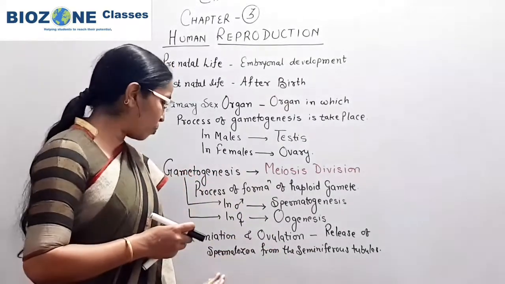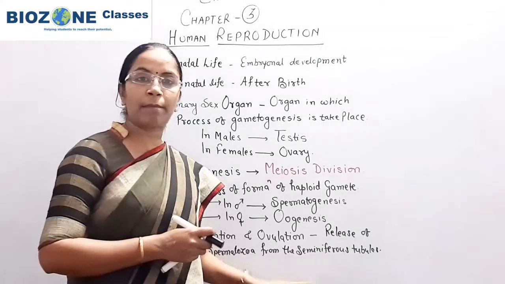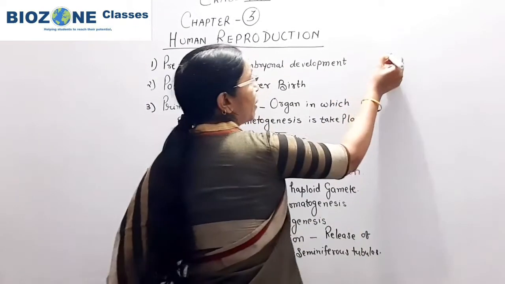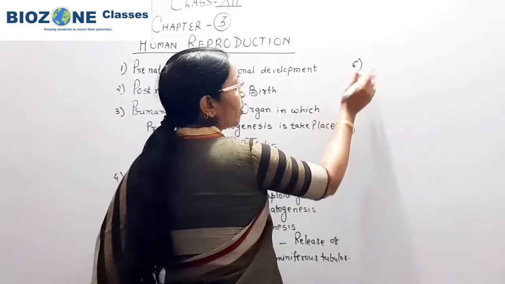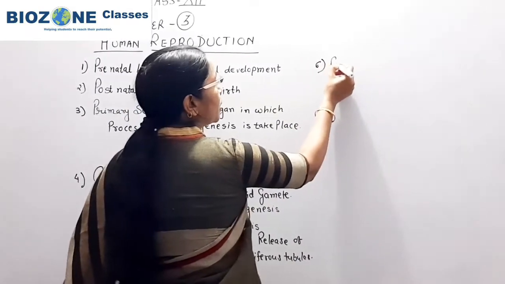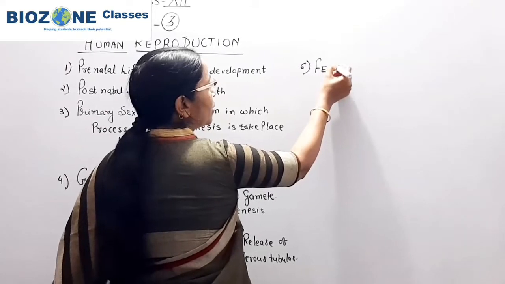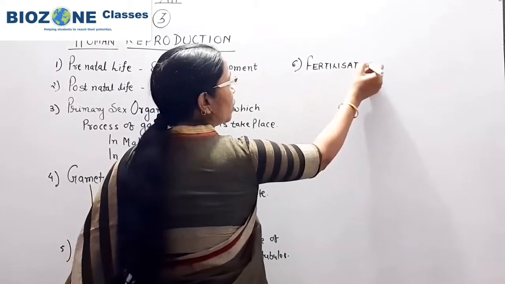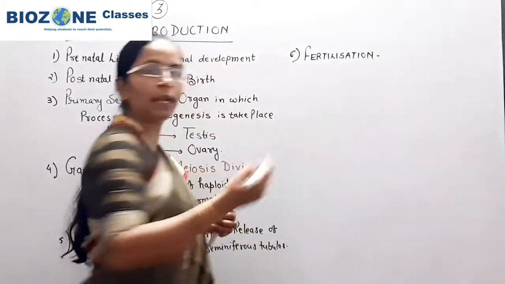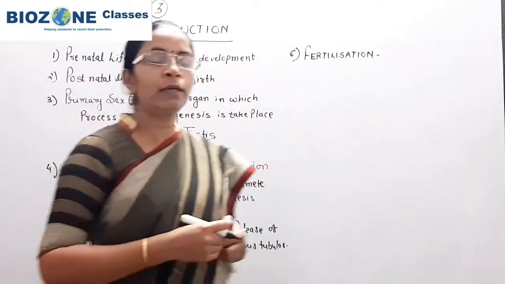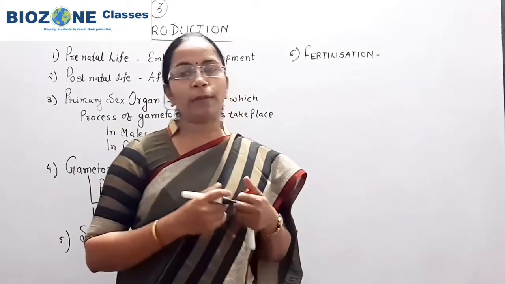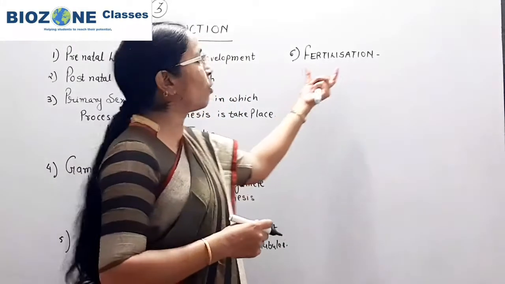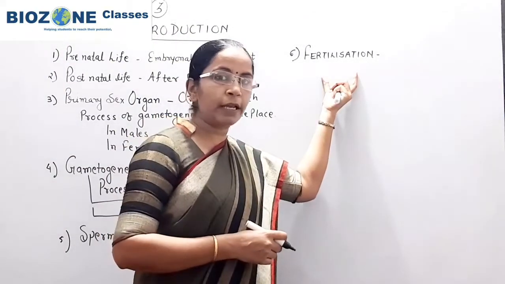Now once spermiation and ovulation have taken place, the next process in the human reproductive system is called fertilization. Now all the students know the definition of fertilization. Simply, the fusion of male and female gametes or male and female nuclei is called fertilization. This part remember.